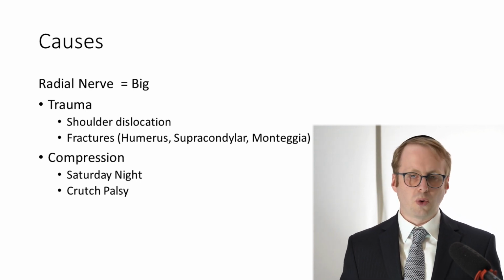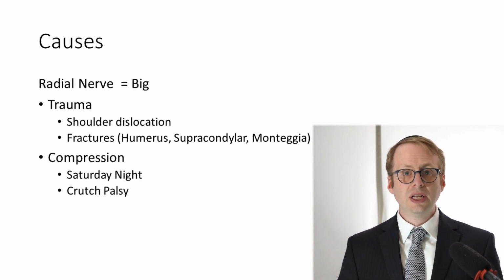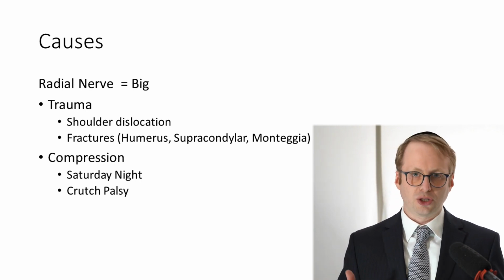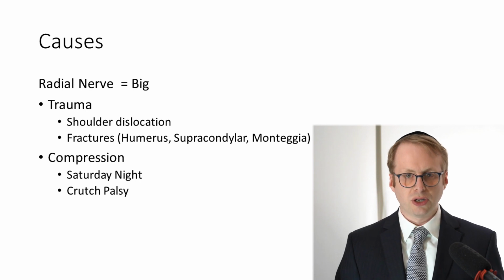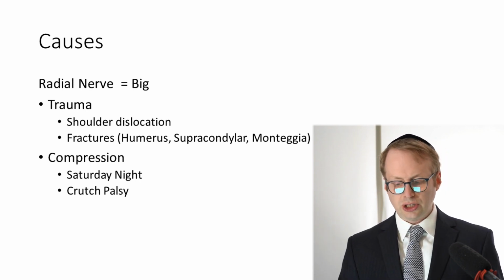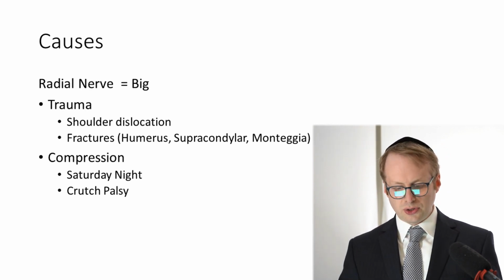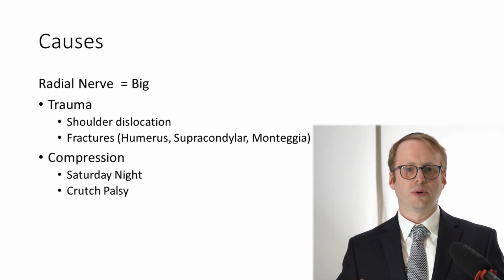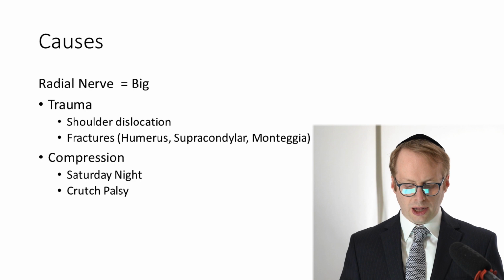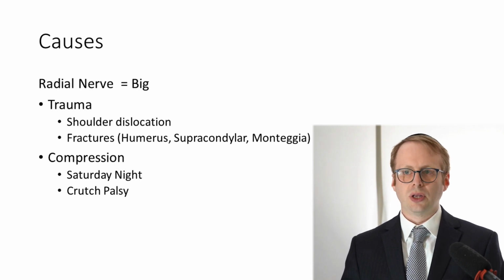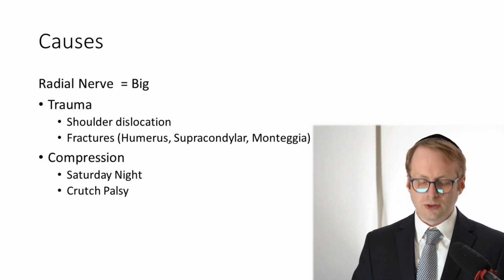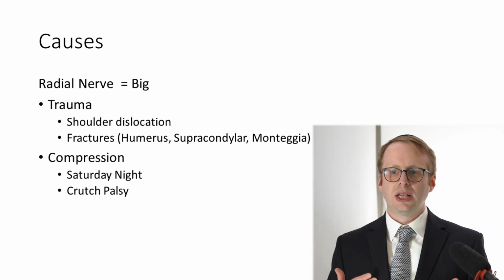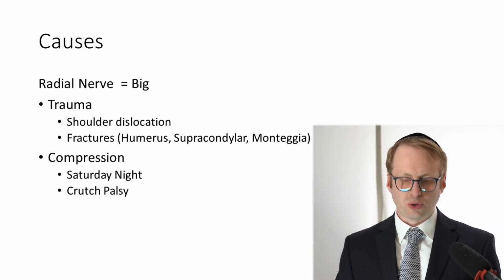Those big things will be trauma, whether it's a shoulder dislocation, a fracture dislocation, or an actual fracture either of the humerus, the supracondylar region, or a Monteggia fracture. So those are traumatic causes. There may be compression from a Saturday night palsy, a crutch palsy, or compression lower down at various pinch points. But basically trauma and compression are by far the leading causes of wrist drop.